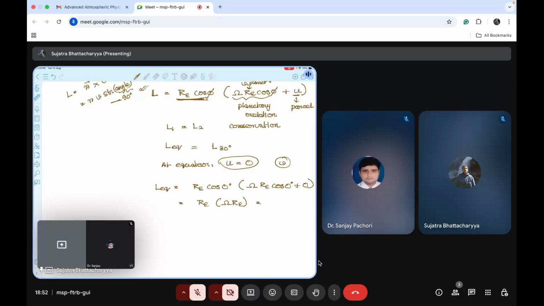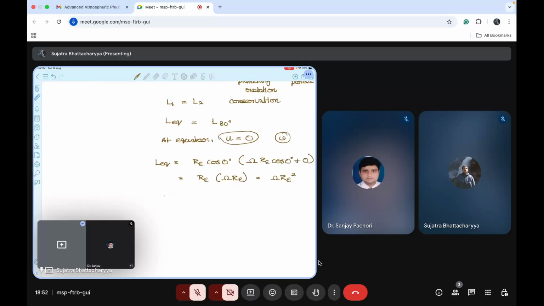That's all. So this becomes omega Re square. Simple. Now at 30 degrees north, some u will be there which we will have to calculate. So L at 30 degrees becomes Re cos 30 degree into omega Re cos 30 degree plus some u.